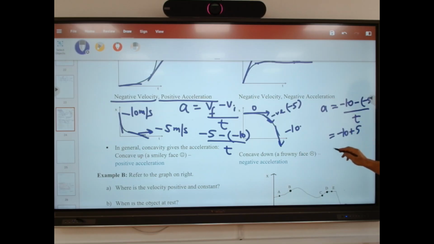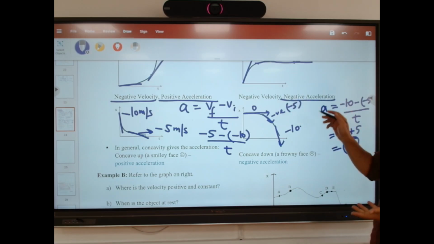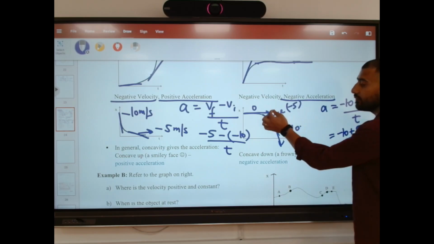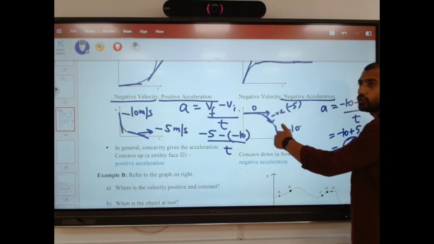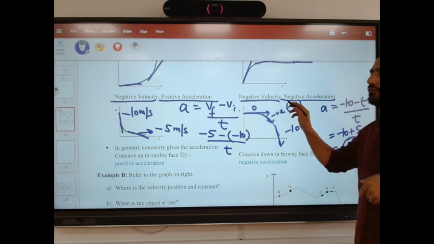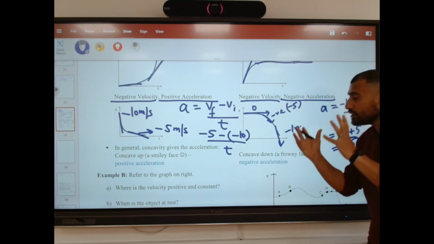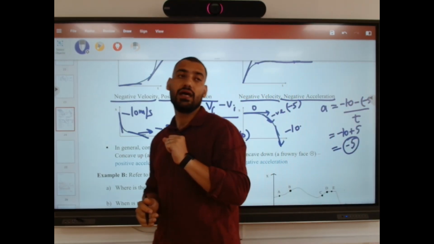So it is negative 5. So the answer is negative, so acceleration is negative. Is that clear? And one more thing, at every point you are seeing that the slope is negative, therefore velocity is negative. Is that clear?